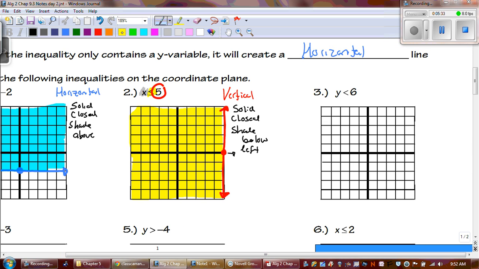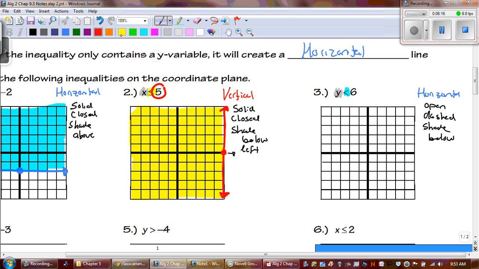All right, let's look at number 3. First thing we want to look at is how many variables does it have? It only has one variable. It's a y. So that means it's going to be horizontal. Okay. Now let's take a look at the symbol. It's less than. So it's going to be open and have a dashed line, and it's less, so we need to shade below.